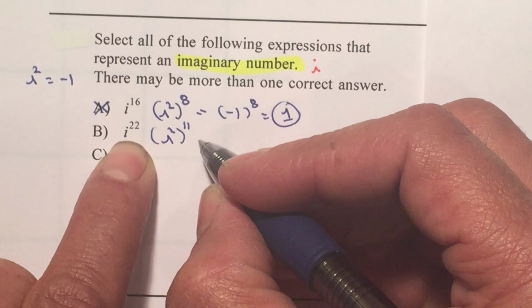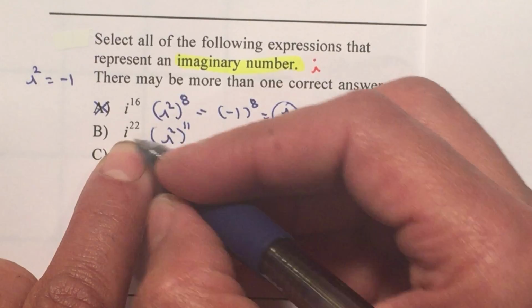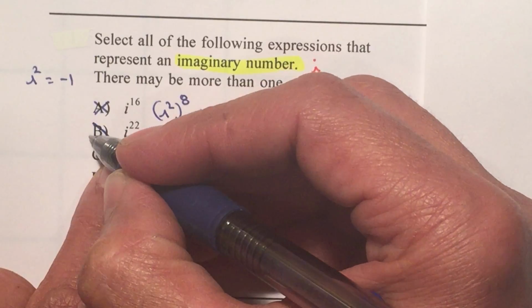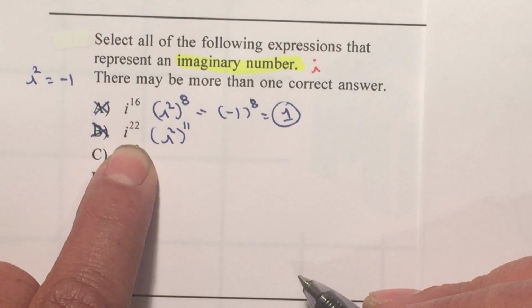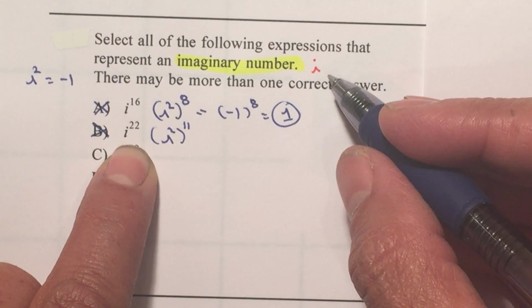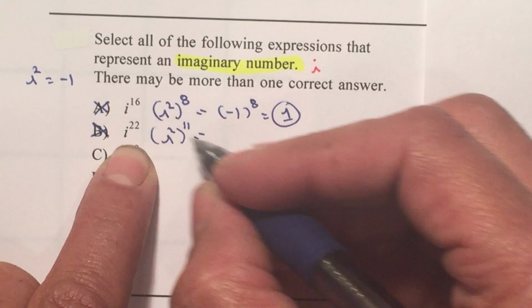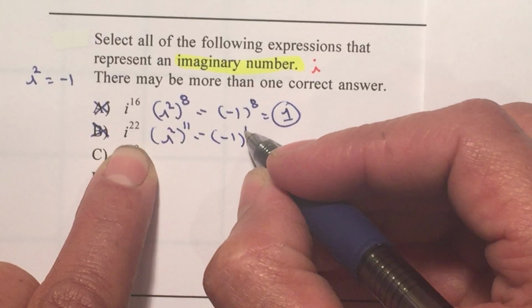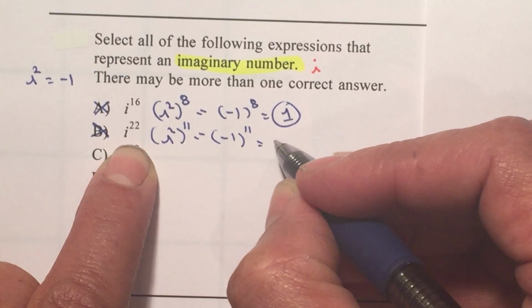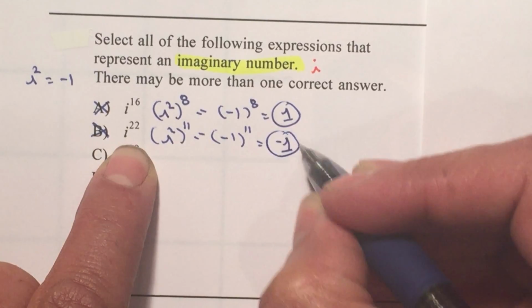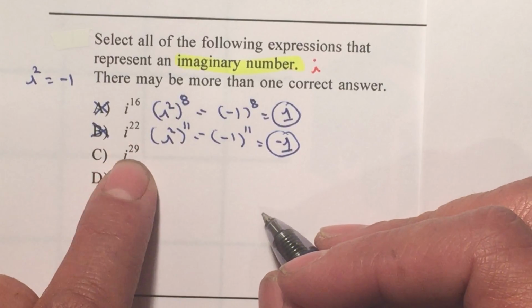Do I have any i's left? No. So that's going to be a real number. It's not imaginary. My imaginary numbers have an i. But let me continue on. i squared is -1. To the 11th power will be -1, which is a real number.